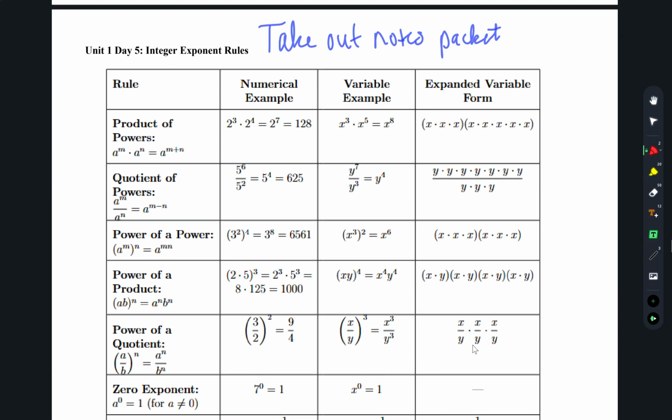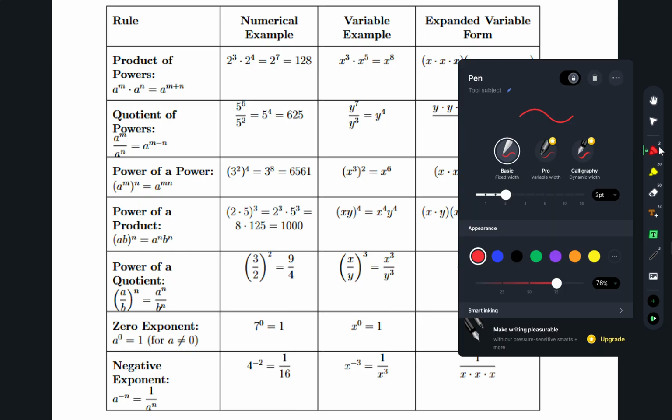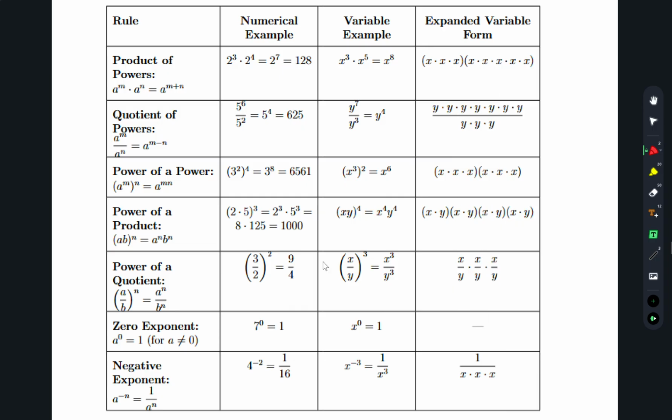So here's the gist with exponents. You can memorize the rules, that's fine. I don't technically have a lot of stuff memorized for math because there's already too much to be put in my brain for this.